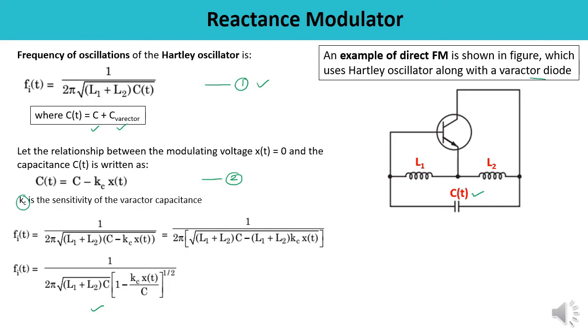What is f0? This is the oscillator frequency when the modulating signal is 0, that is, when x of t is 0.